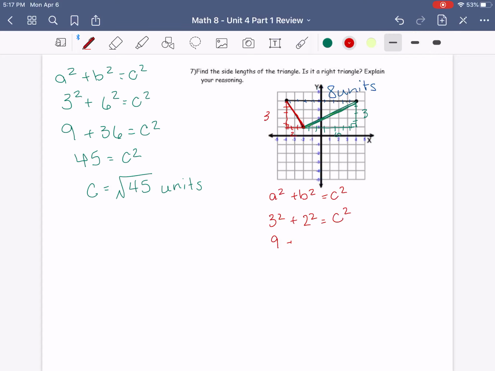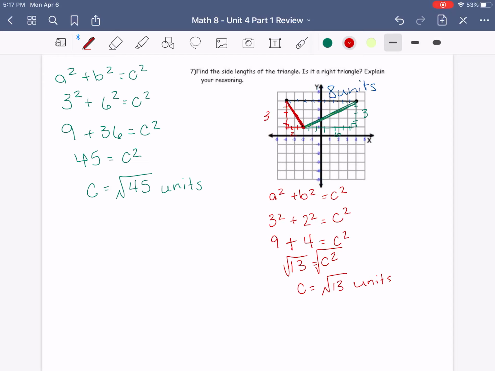Sometimes I just get to writing so fast. And the same thing that I did with the first one, I'm just going to leave my C value in square root form. So this guy right here is the square root of 13 units.